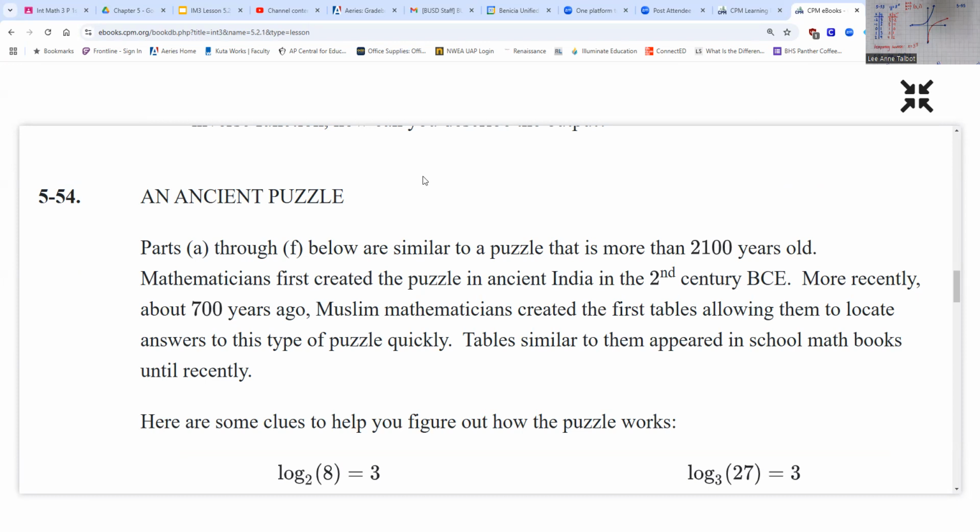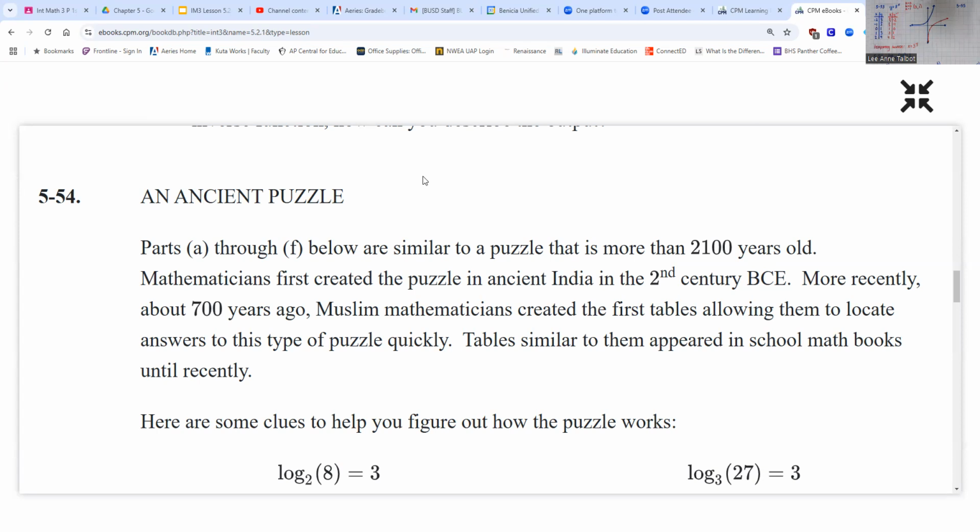That was a joke. Mathematicians first created the puzzle in ancient India in 2nd century BCE. By the way, India does not get nearly enough credit for the input that they put into mathematics.